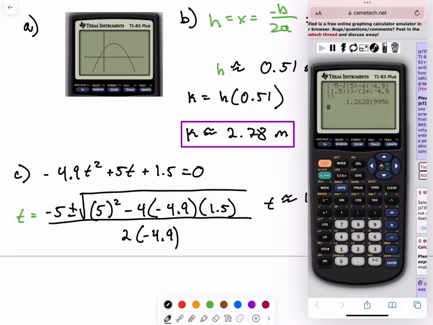I feel like we should have gotten a negative there. Let me check. Negative 5 minus the square root of 5 squared minus 4 times that, divided by 2 times negative 4.9.